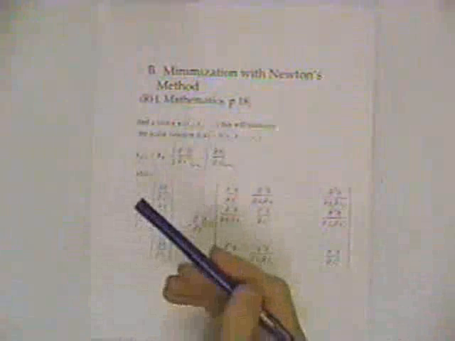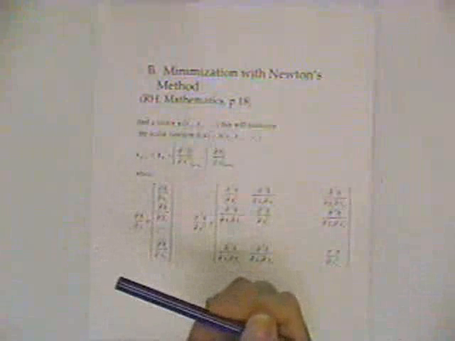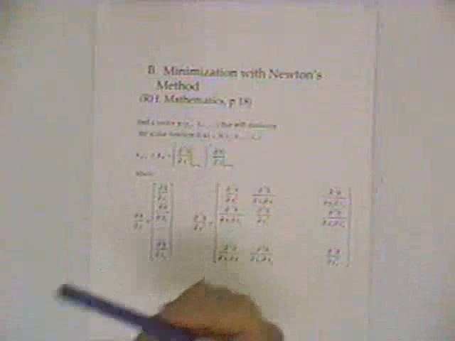The formula that is used to minimize it is given in the handbook. And again, this is an iterative process. We're trying to solve this problem by getting an estimate and then sequentially improving that estimate until it gets close enough to the correct answer.